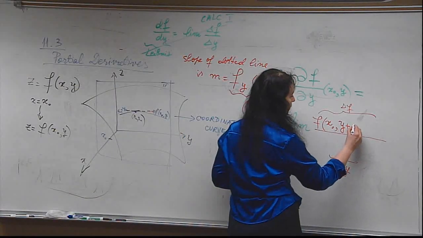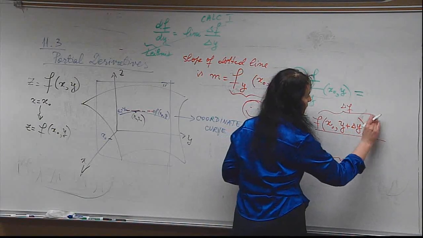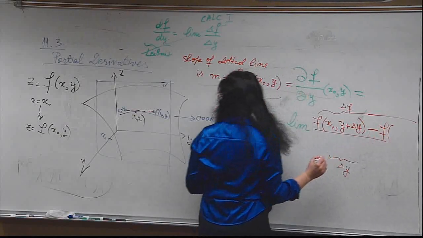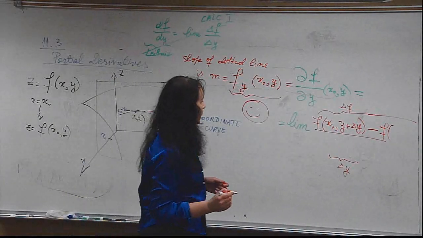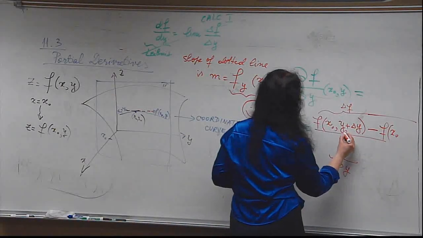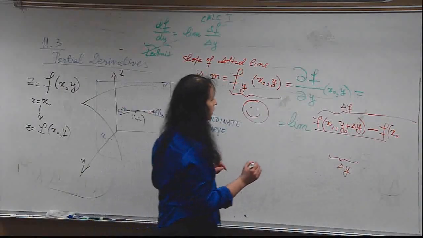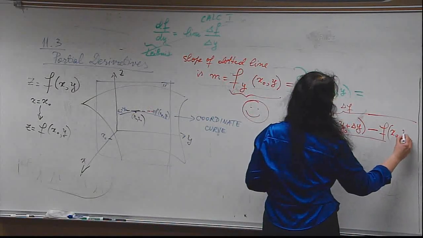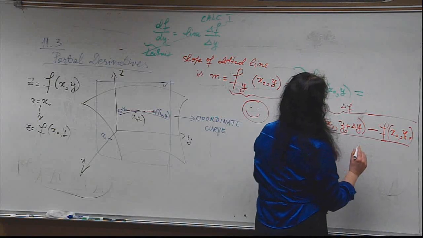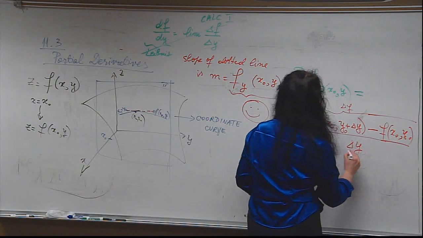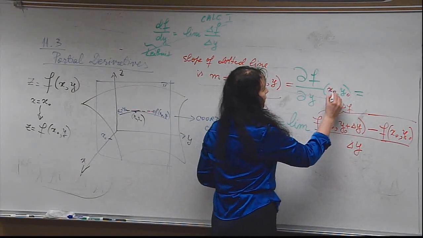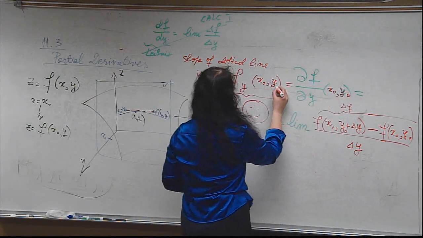Y plus delta y, minus, that's the difference quotient, f of what? The original point was x0, y0, over delta y. But if I am at x0, y0, I better put x0, y0 as the fixed point here.